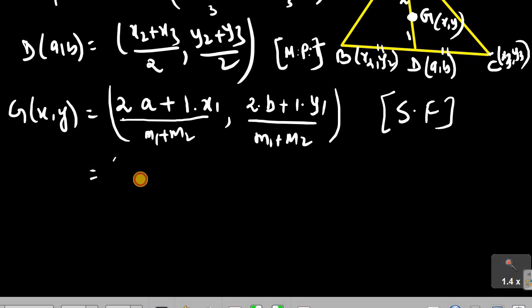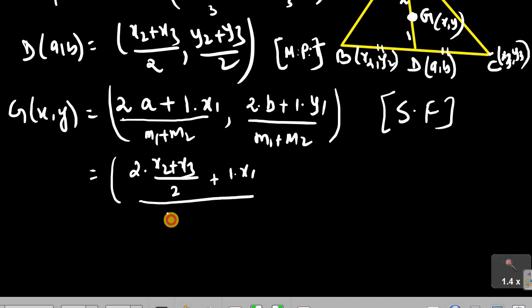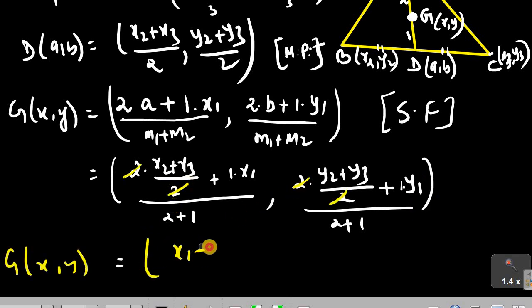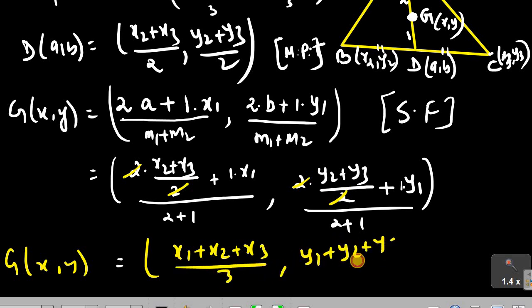So now put the values. a value is (x2 + x3)/2, so (2 into (x2 + x3)/2 + 1 into x1) upon (2 + 1), comma, (2 into (y2 + y3)/2 + 1 into y1) upon (2 + 1), and hence at last we get, the 2 cancels, (x1 + x2 + x3)/3, then (y1 + y2 + y3)/3.